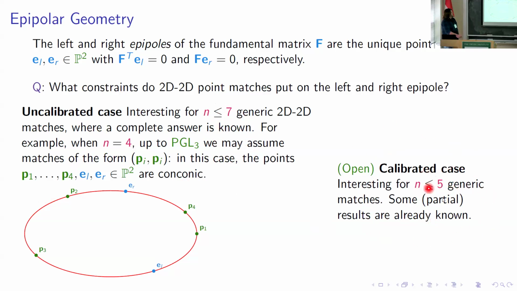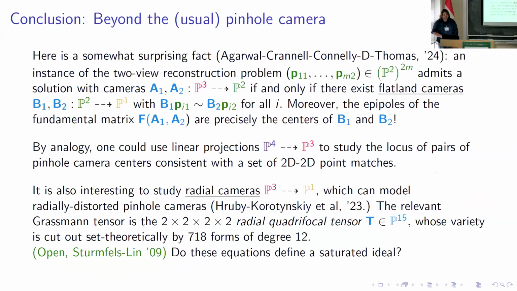Here it's interesting when we have at most 5 correspondences or matches. There are some things that we already know, but it would be nice to get a complete answer like we have in the uncalibrated case. Okay, so I'll wrap up. I think we're all hungry.